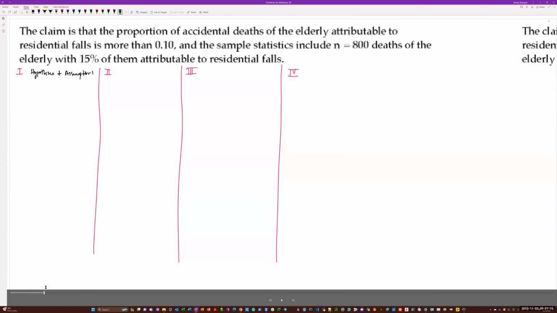The first one is going to be hypotheses and assumptions. The next one's going to be test statistic, which is going to end up being Z or T. The third thing is going to be p-value, which we really haven't gone over yet. And the fourth one's going to be drawing a conclusion. Does that make sense? All right, which is kind of the main part, right? Exactly. All right, now, where should we start? What would you say?